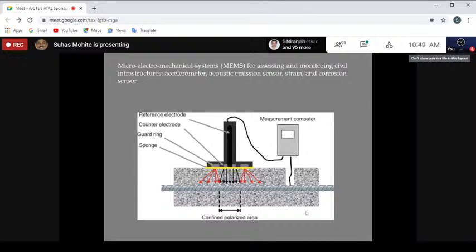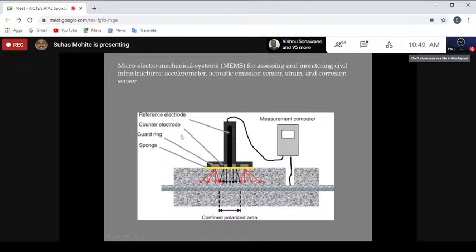So in civil engineering also, you have these reinforced concrete structures, and you never know what is the health of this particular structure. However, it is now possible to deploy different types of sensors on the surface of the concrete, and you can have a small hole drilled into this concrete beam, where a wire can go and reach the steel rod, and then you can apply a potential, and some of these sensors can receive signals from there.